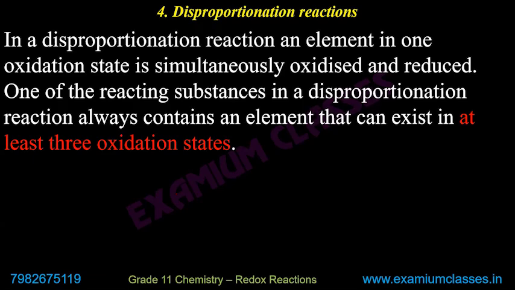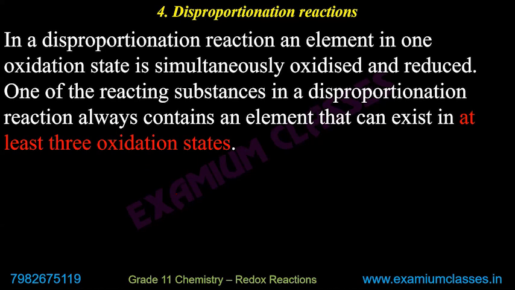So what is the meaning of the sentence, at least 3 oxidation states? I'm coming to that. Now, for a disproportionation reaction to take place, what is the necessary condition?